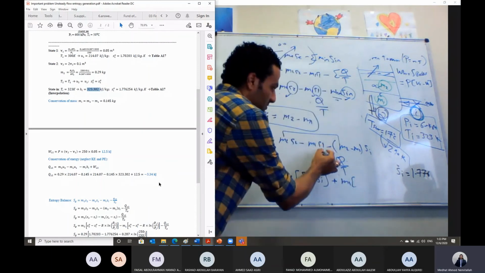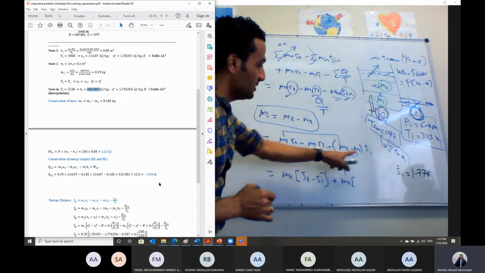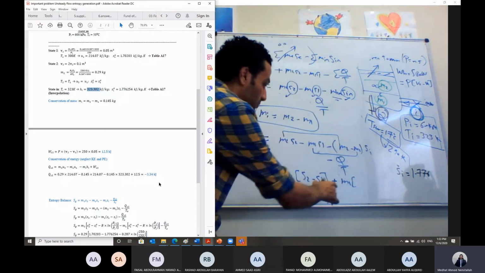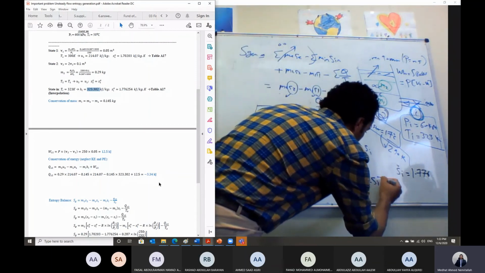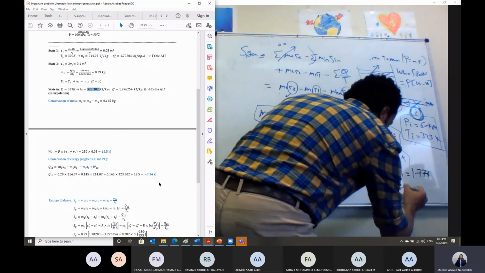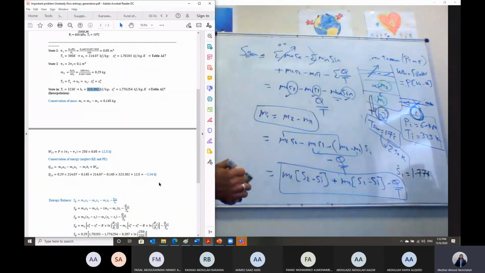We have here S1, this is m1, and here we have S1 minus S inlet. So it will equal m1 multiplied by S1 minus S inlet, minus Q divided by T. And this is how we can calculate the entropy generation.